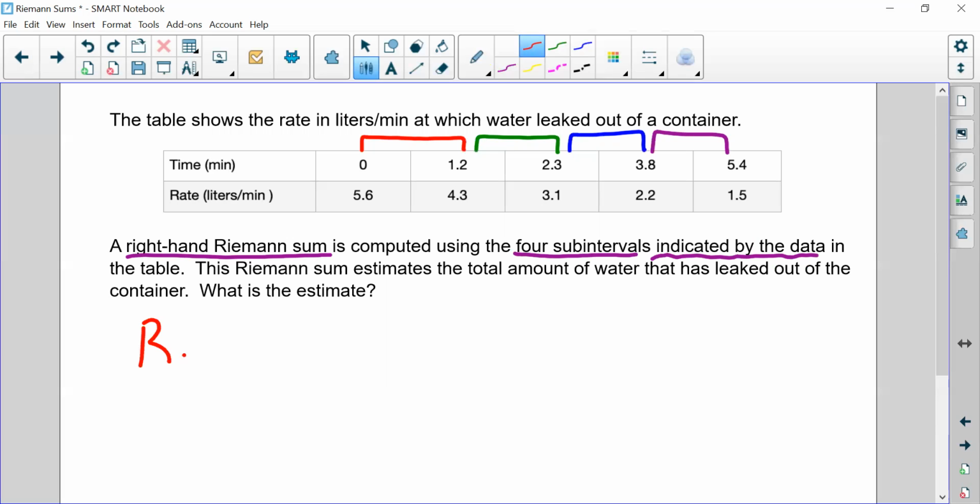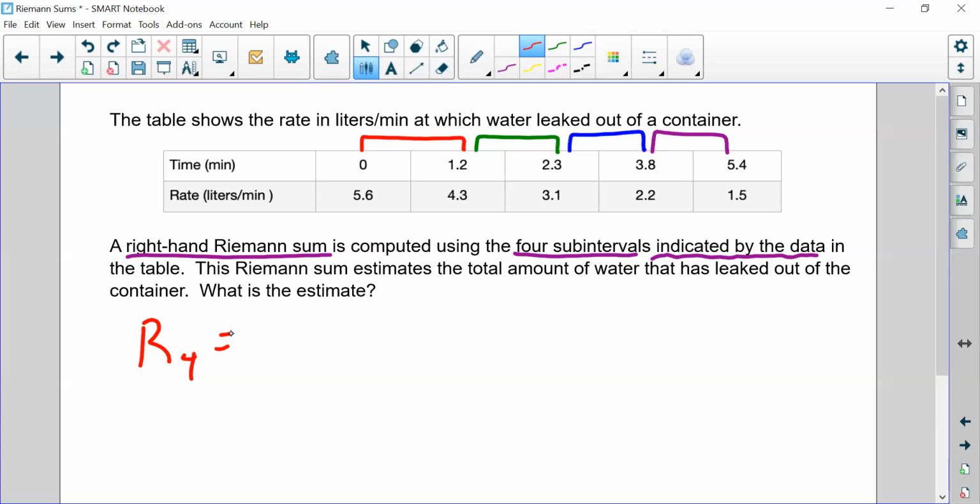So right-Riemann sum of 4 intervals. But this time I got to find the area of each individual rectangle because they're not exactly the same. How do I find areas of rectangles? Length times width. So to get my length, I need to figure out the distance in my x value. So how far is it from 0 to 1.2?